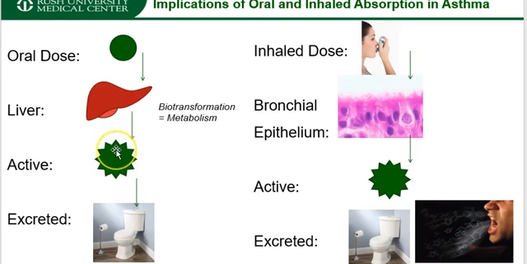But because a lot of these drugs are specific to a given receptor, and that receptor primarily resides in the bronchial compartment, you have to wait for this active metabolite to go through the entire circulatory system and then come into contact with those specific receptors within the bronchial compartment. And then, of course, that's where the physiological effect occurs. After that effect occurs, the remaining drug, or the drug that doesn't get bound, gets excreted.